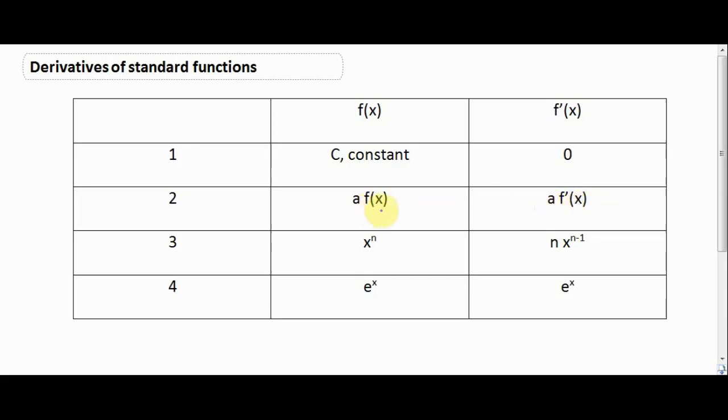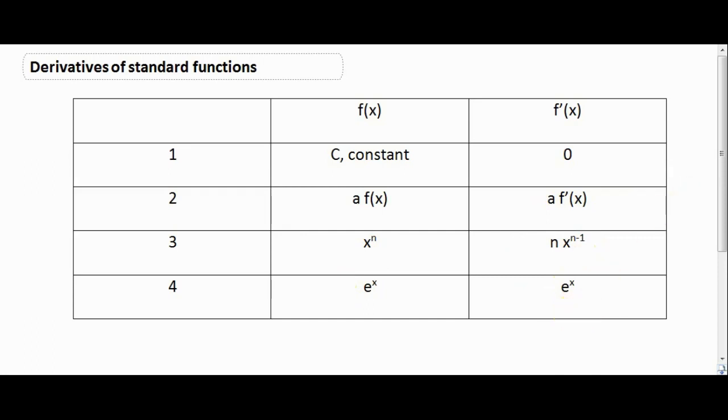So f of x is a function in variable x and a is a scalar. So in that case, the derivative of a into f of x will be equal to a into f dash of x. Okay, now derivative of x raised to n is n into x raised to n minus 1, and derivative of e raised to x is e raised to x itself.